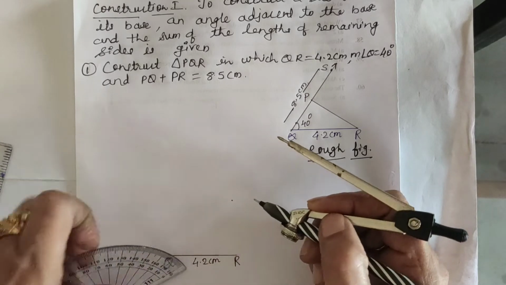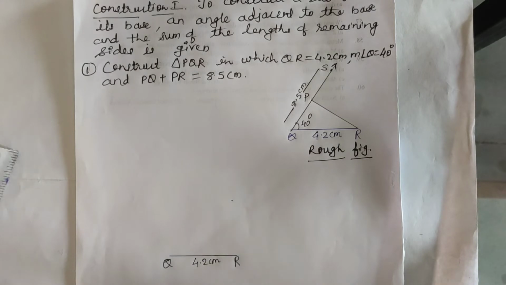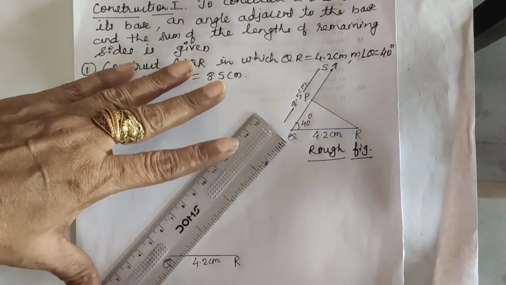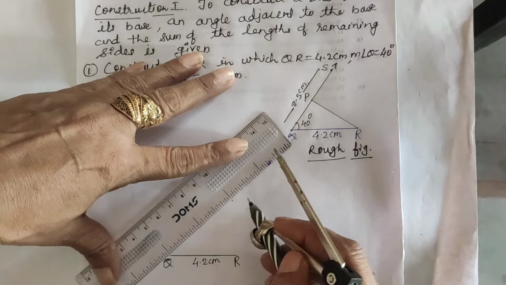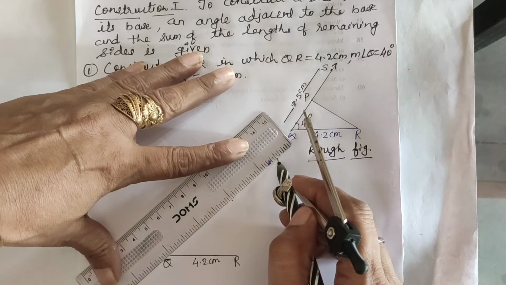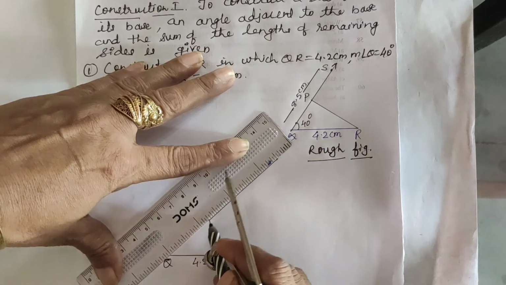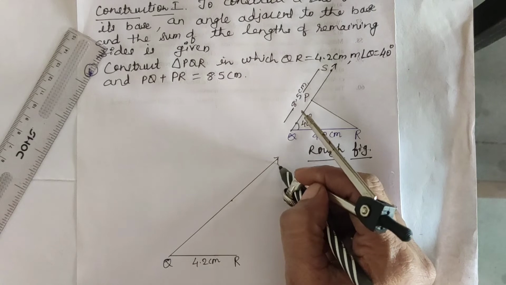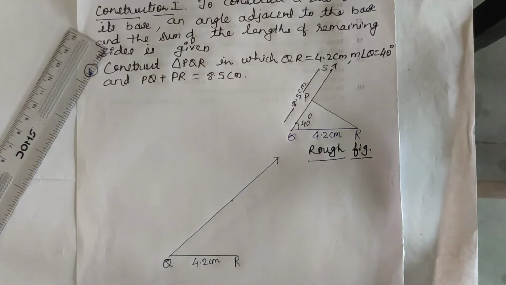Okay. Now draw a ray passing through it, extend the ray. So what we have done: first we have drawn segment QR of length 4.2 centimeter.